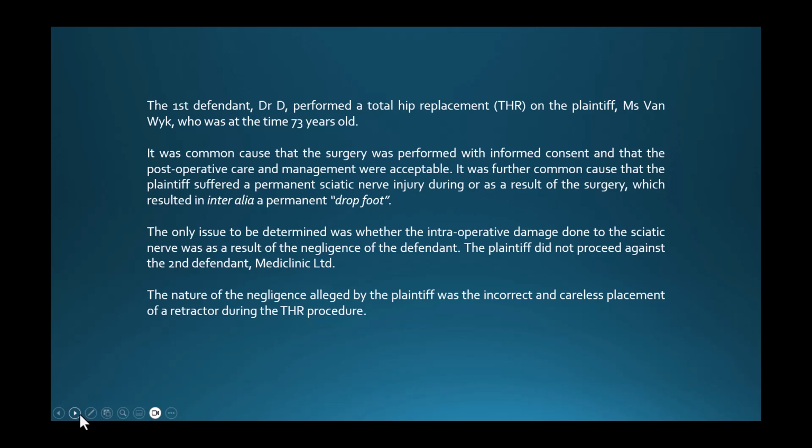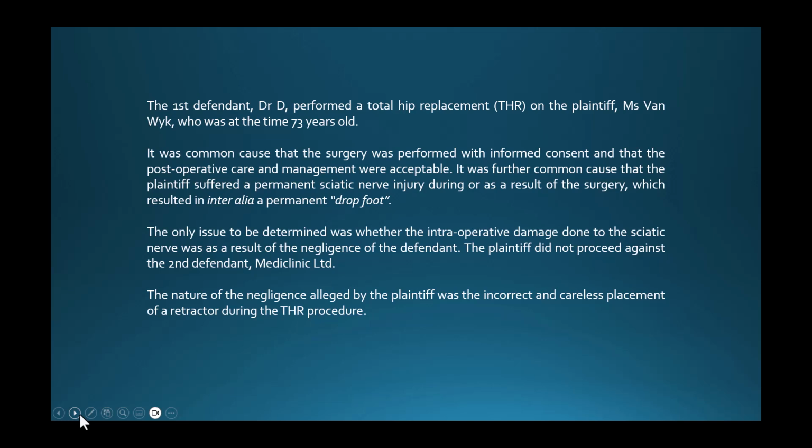However, you'll see "done was as a result of the negligence." In other words, yes, negligence is in the spotlight, but hidden in that particular issue is another one, and experienced practitioners should already have identified causation. So was there a causal link between any negligence and the injury? It's as if the structure becomes: question 1, was there negligence?